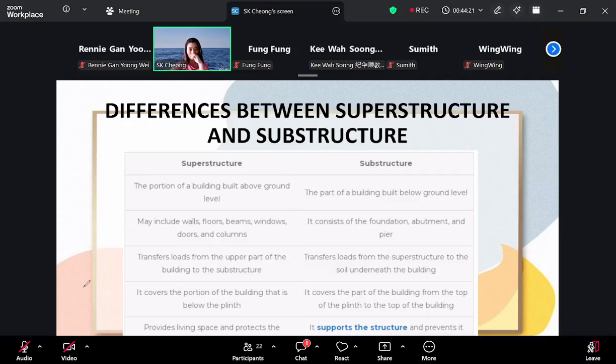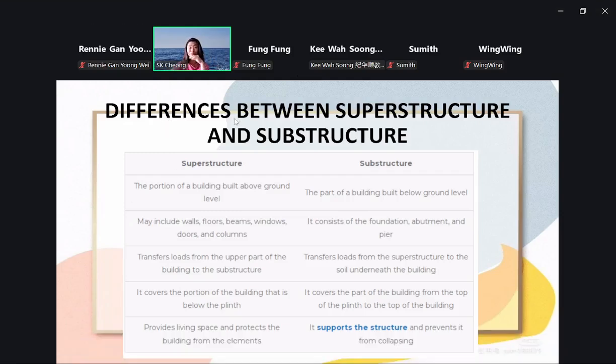Mostly the answer that you give me is correct, then you will get marks. So let's say list the difference of pad foundation and raft foundation. Same, right? So what are the differences of substructure and superstructure?